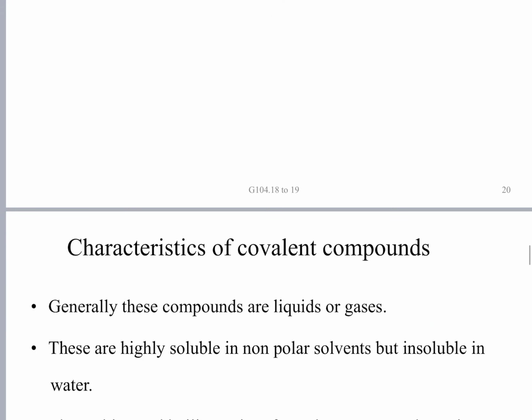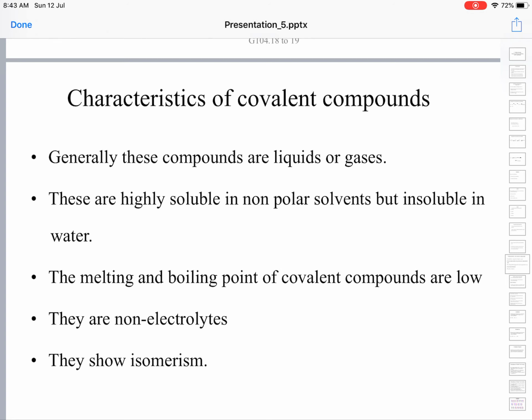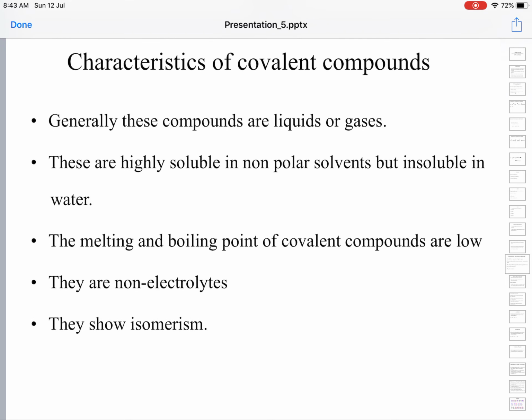Now, let us discuss the characteristics of covalent compounds. In the case of ionic compounds, we have seen they are highly crystalline solids with high melting and boiling points. Whereas in covalent compounds, each molecule exists for itself without much relationship with other molecules. The bonding is within the molecule, intramolecular bonding.